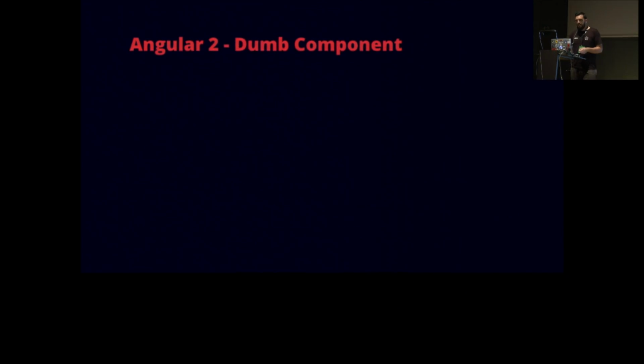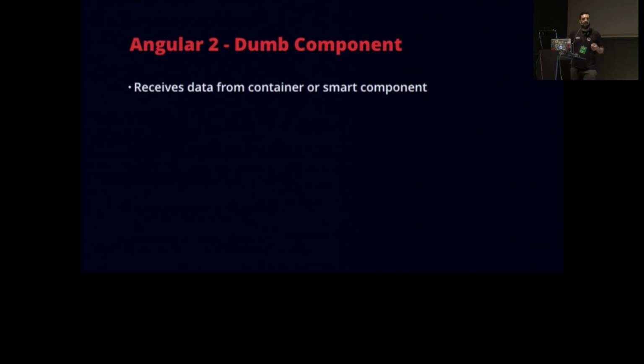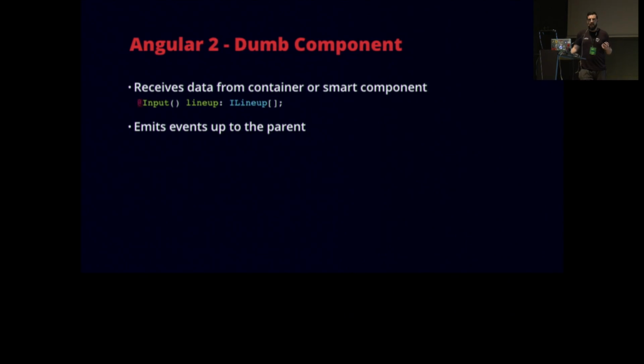Once you have your application configured to be using Redux, there's this concept of having a dumb component, or a presentational one. The responsibilities of a dumb component are that it will receive data from a smart component or a container using an input, and it will emit events upwards towards the parent with outputs.